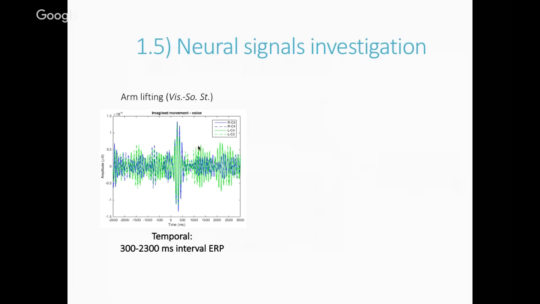But later, more than 500 milliseconds further, the modulations change in amplitude between the left movement and right movement, with stronger fluctuations for the left imagery movement as compared to a decreased amplitude for the right imagery movement.